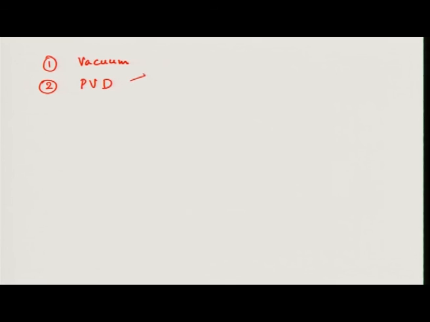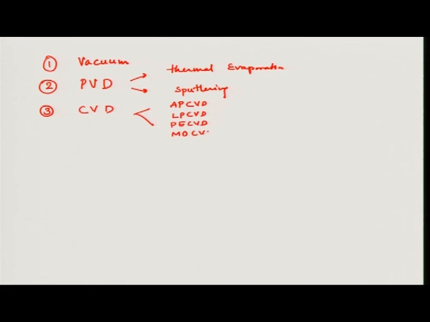In this, we discussed thermal evaporation and sputtering, these two broad range of techniques. Then we discussed chemical vapor deposition, in which we discussed many techniques: atmospheric pressure CVD, LPCVD, PECVD, MOCVD, and many other techniques.